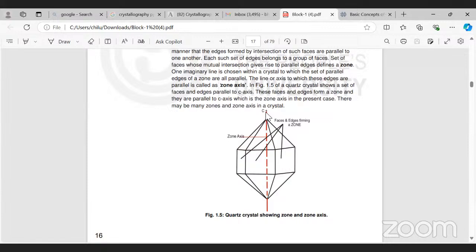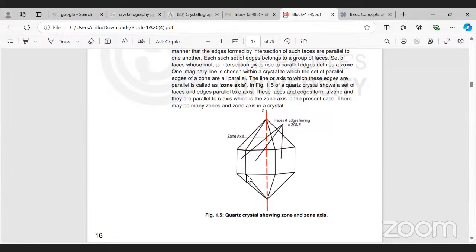And here internally the C axis is passing through all these axes, where they meet in an edge or in a solid angle. This is a solid angle, but not an edge.